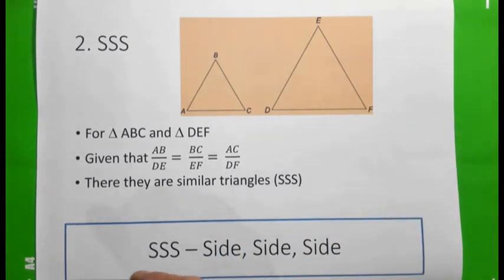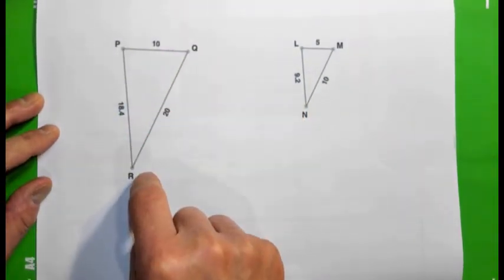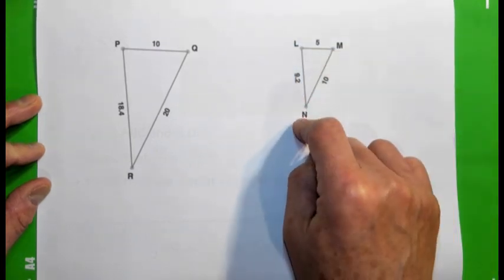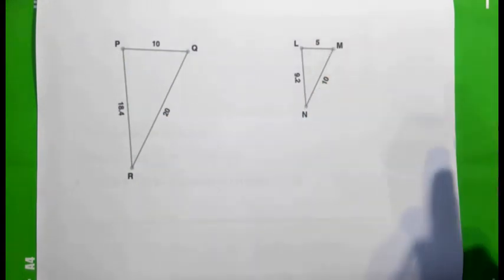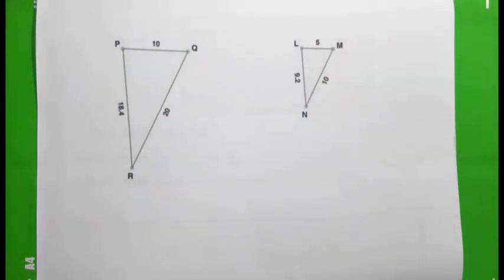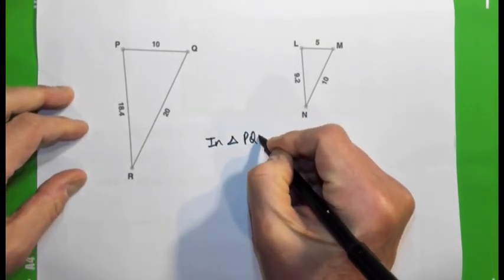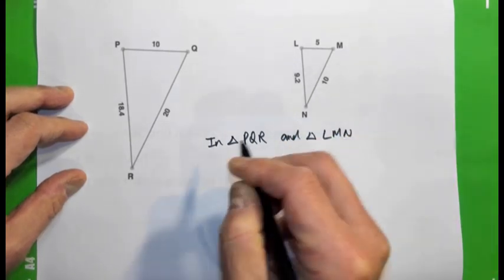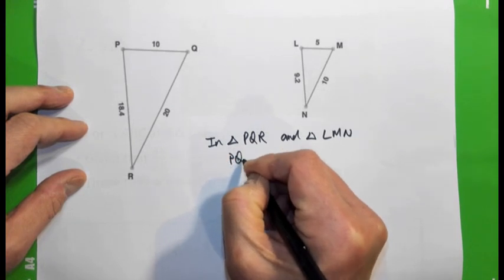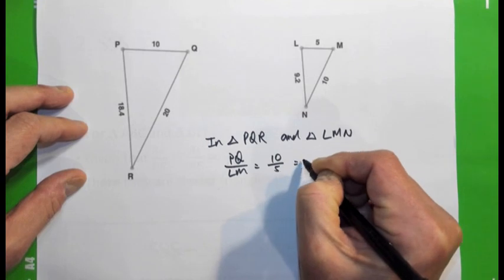Let's have a look at an example. We've got triangle PQR and triangle LMN. Again, in this case, there's no angle involved. So what we can write in this case is, in triangle PQR and triangle LMN, PQ over LM is 10 over 5, which is 2.